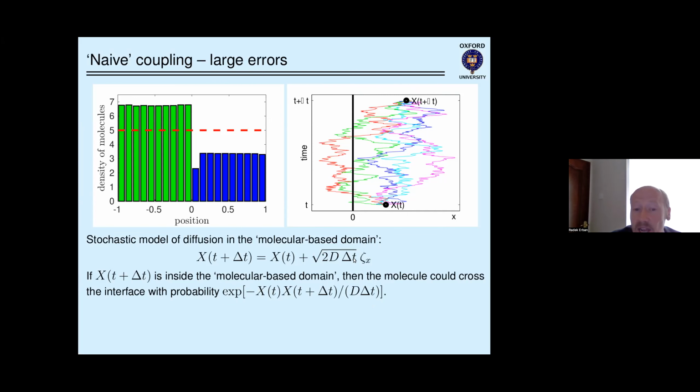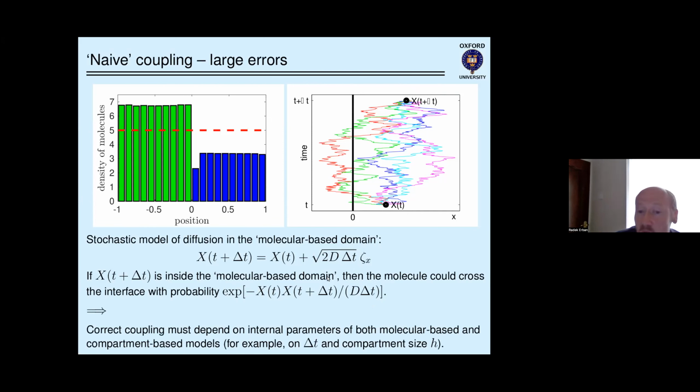So the correct coupling must depend not just on measurable or physical quantities like diffusion constants, but also on the internal parameters of both the molecule-based and compartment-based models. For example, on the time step of the molecule-based model, which I'm using to evolve individual molecules in this part of the domain, or on the compartment size h, when I discretize the jumps between compartments.